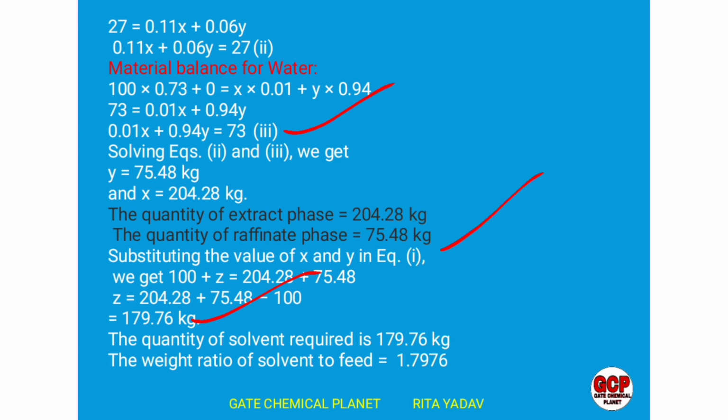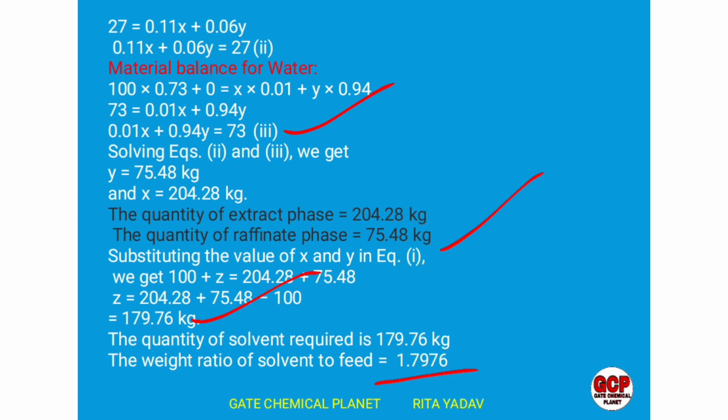So the quantity of solvent required is 179.76 kilograms, and the weight ratio of solvent to feed is 1.7976. It is very easy to calculate: we divide the quantity of solvent by the quantity of feed, and it comes to 1.7976.